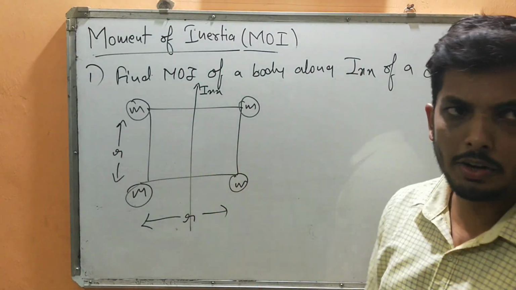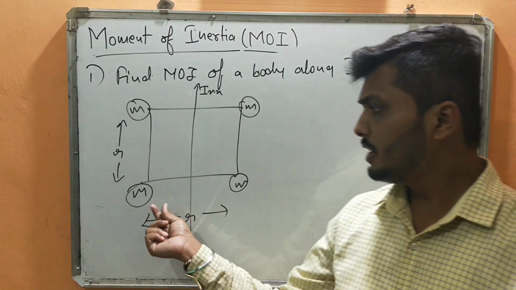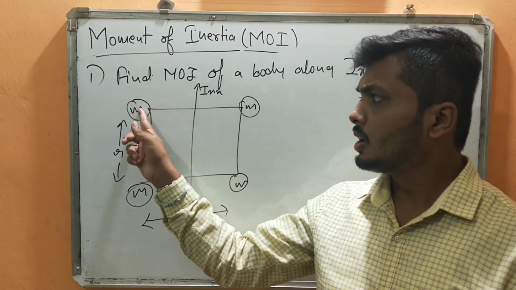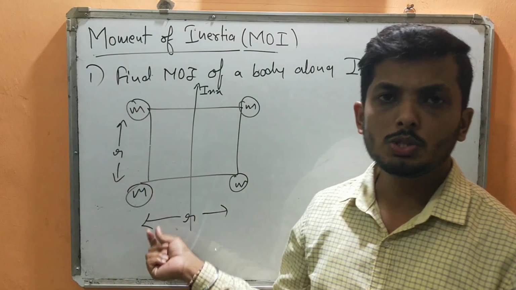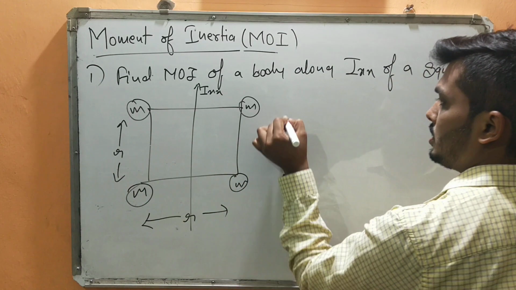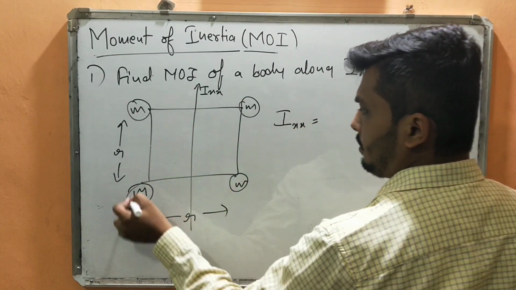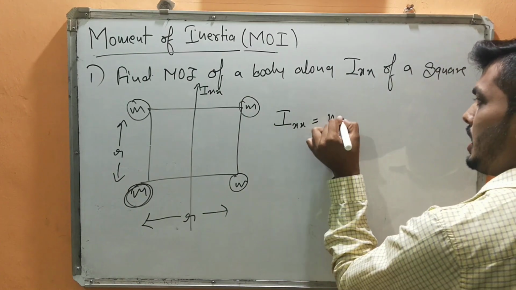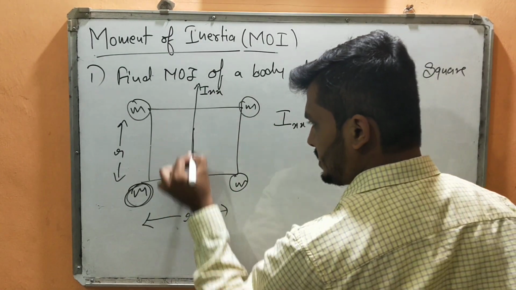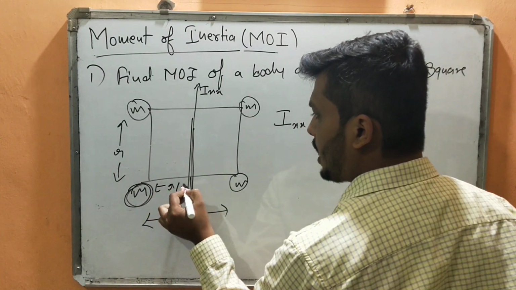According to the definition, the moment of inertia of a system of particles is defined as the sum of the products of masses into the square of the distance. Right? So what is the moment of inertia about this axis? You calculate for this first, m. Now this is the axis of rotation, this is the perpendicular distance. So this is r, so this will become r/2.